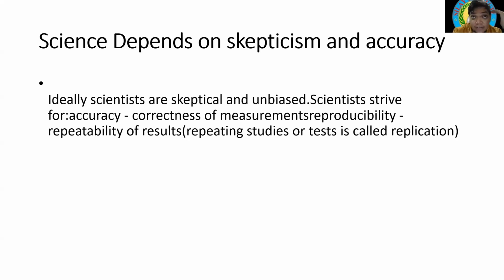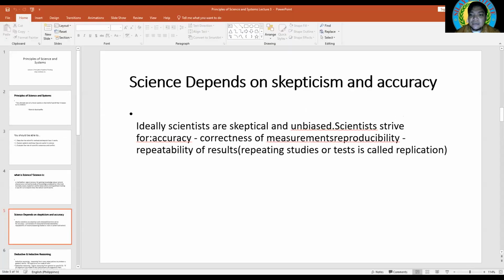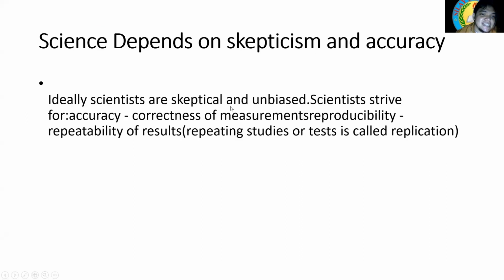For example, the vaccines were not tested only with a meager number of people, but have undergone a series of tests and experiments so that they will, of course, give us the best results possible. Ideally, scientists are skeptical and unbiased. Scientists strive for, number one, accuracy, correctness, and measurements, and reproducibility.